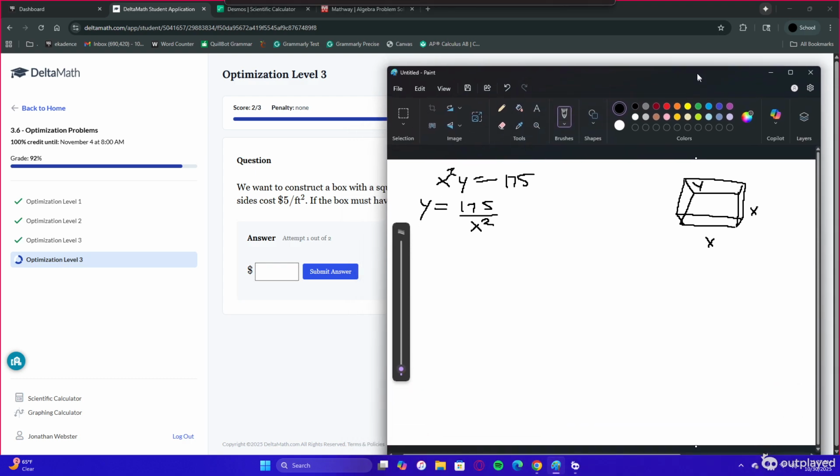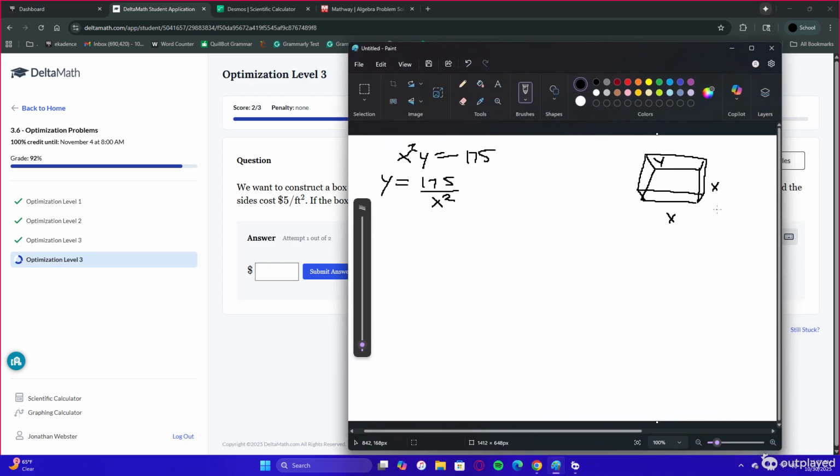So now that we have y, we need to find the area of each side. We have a square, so it's just going to be 4 equal length sides. The area of the sides, it'd be x times y 4 times, because y is the height and x the side.